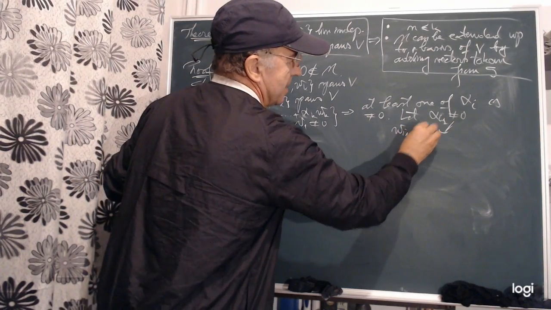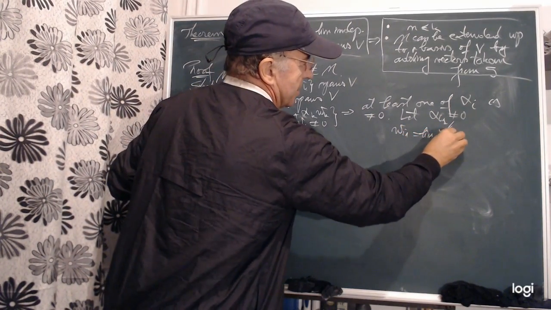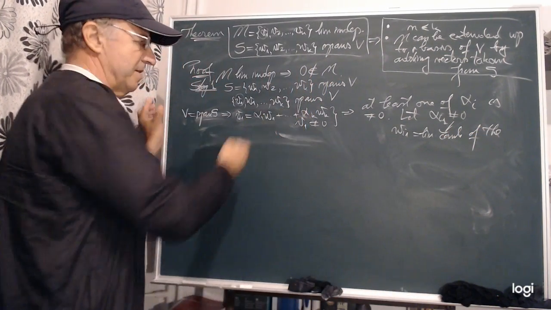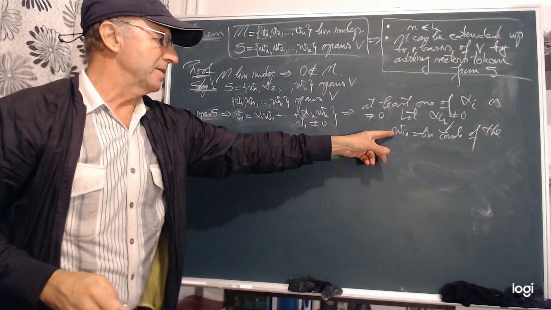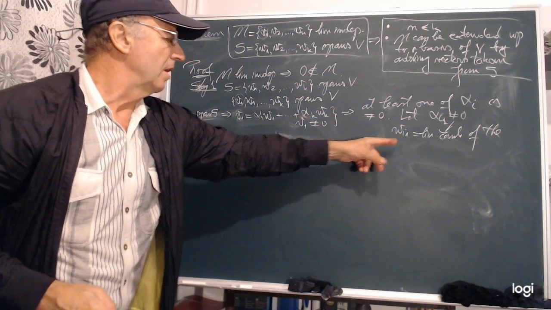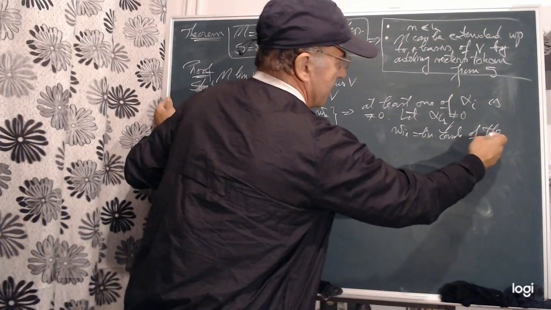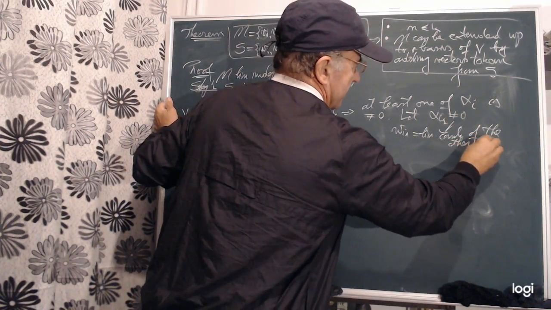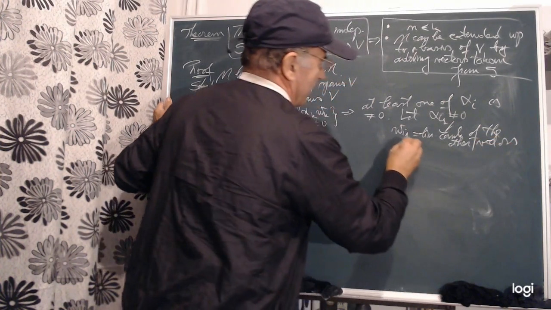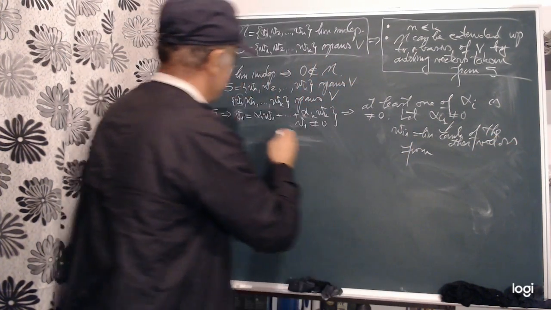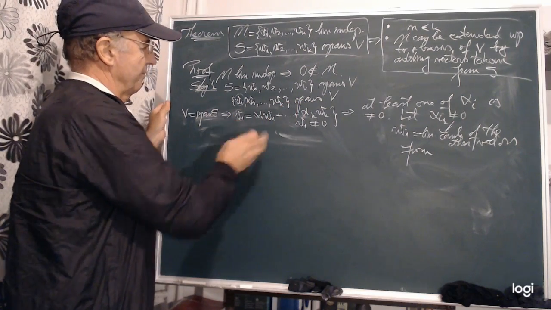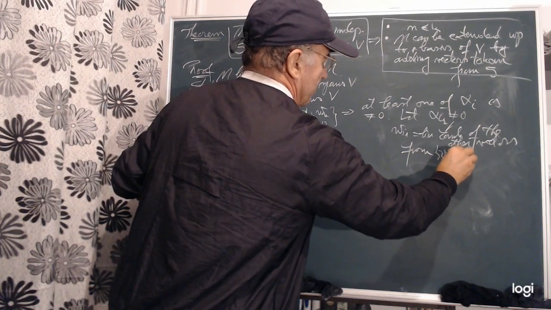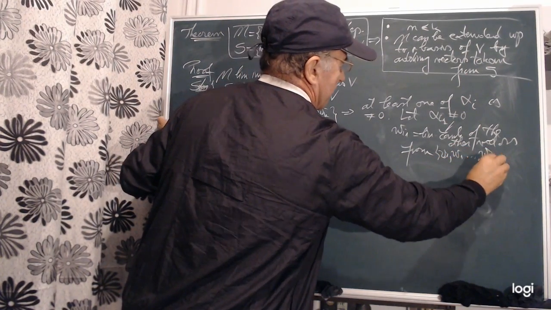Then from this relation we get that w i1 is a linear combination of the other vectors. From this equality, we can express w i1 as a linear combination of the other vectors from this system, from v1, w1 up to wk.